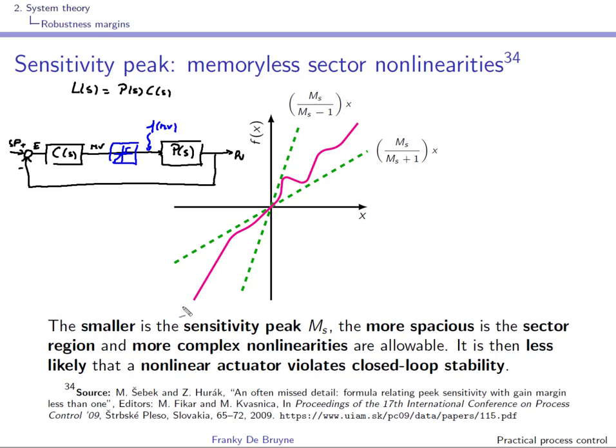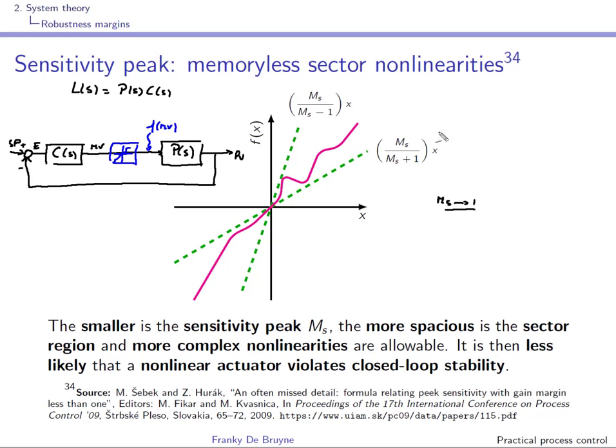This could be the case, for instance, because we have a control valve that has nonlinear characteristics. What this shows over here is that if MS is very close to 1, more or less the smallest value that you can have, this line will move to a vertical line, and this one will be a line with a slope of 0.5. So this sector will be very wide, and you can afford very wide sector nonlinearities in your control loop before you have instability.